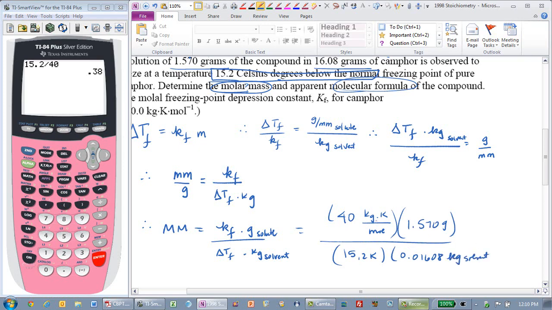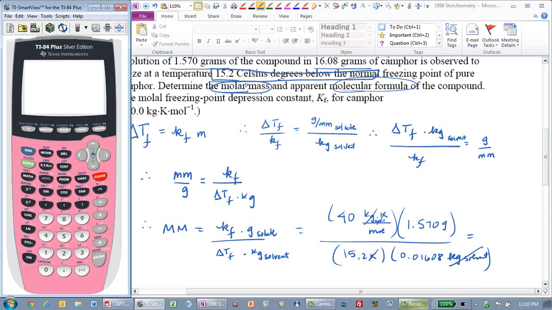And this kilogram is solvent. Okay, so my kilograms of solvent are out of there. My kelvins are out of there. And I come out with an answer in grams per mole. That is delightful if you are looking for a molar mass. So let's just work this little sucker out.